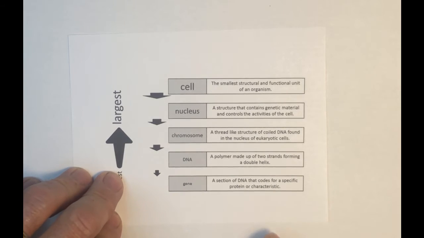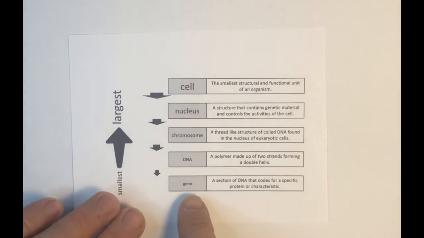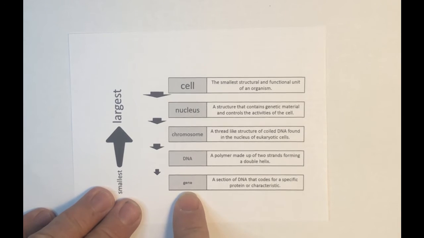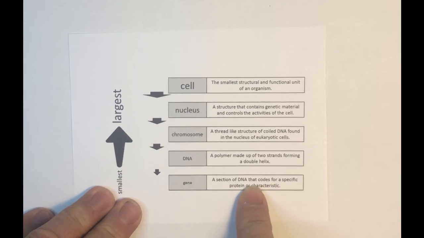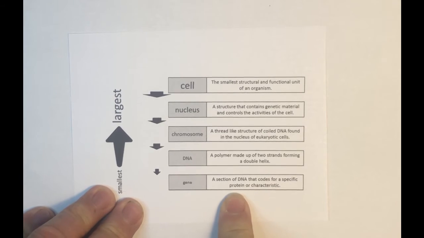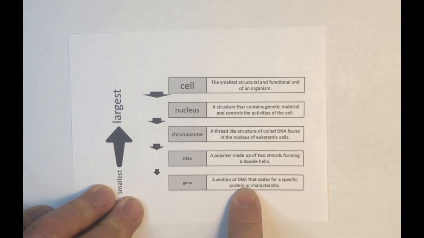If you drill down again further into the DNA, you see small sections called genes. These genes are sections of DNA that code for a specific protein or characteristic. One of the genes in your DNA might make brown eyes, blue eyes, green eyes. It might make the shape of your nose or the shape of your ear. That is what genes do.